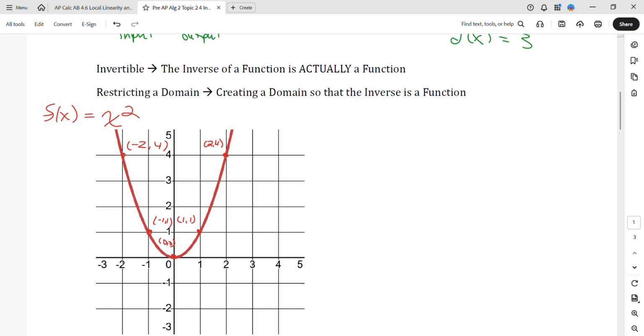Now I'm going to graph the inverse. So (-2, 4) becomes (4, -2). (-1, 1) becomes (1, -1). (0, 0) stays the same. (1, 1) stays the same. And then (2, 4) becomes (4, 2). So this is the inverse of x squared.